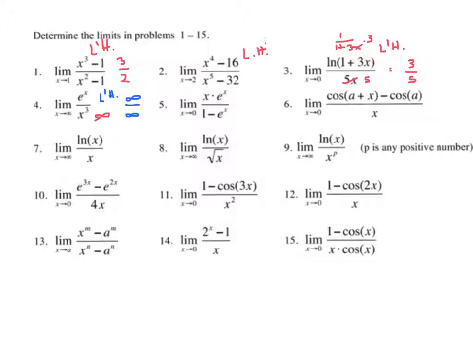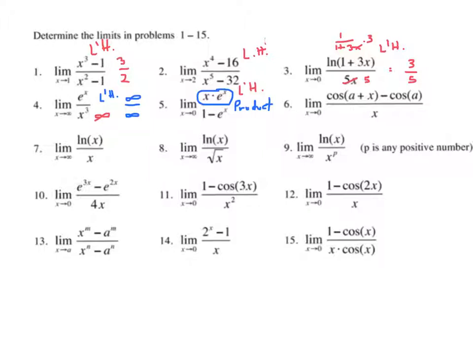Next, x approaches 0. Well, if you plug in 0, you're going to get 0 over 0, so you can use L'Hopital here. The big thing to notice is to find the derivative of the top, you would need product rule. Okay, but L'Hopital will work. Next, the limit as x approaches 0.